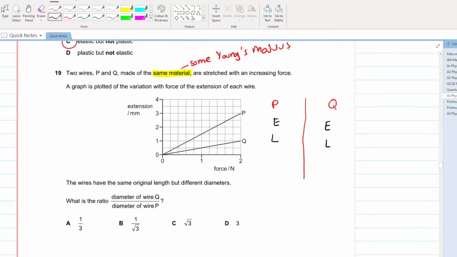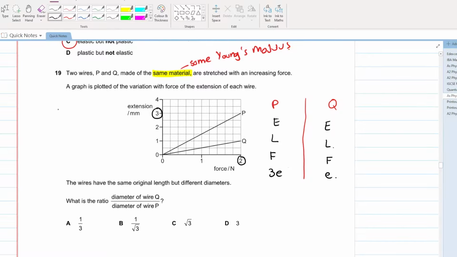Let's say this is L. Both of them are having the same force F and F. Perfect. What is the extension? The extension of P is 3. The extension of Q is 1. So you can say the extension of P is 3e, the extension of Q is e.